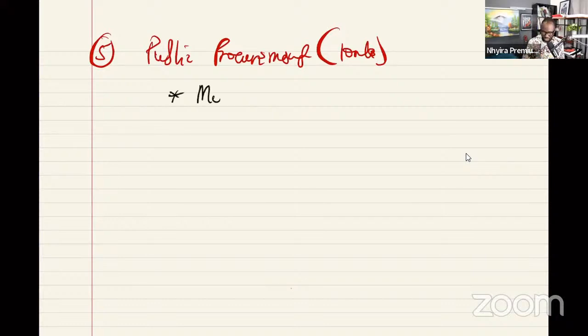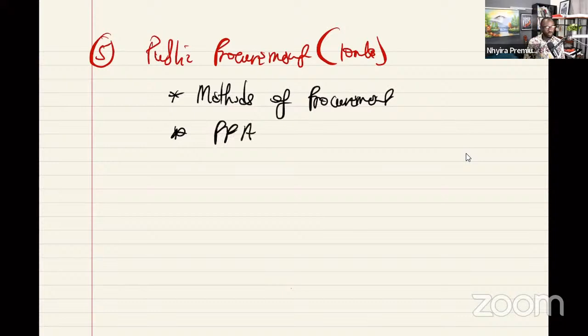For instance, the methods or approaches of public procurement in Ghana. We need to understand the roles of the Public Procurement Authority, PPA. We need to understand issues relating to disposal of government stores.